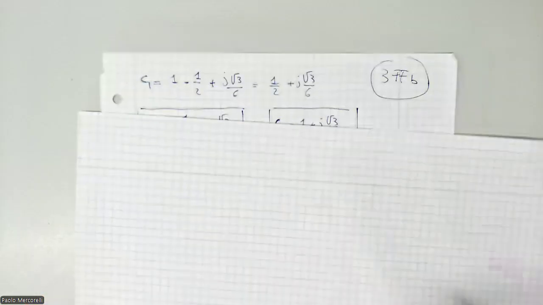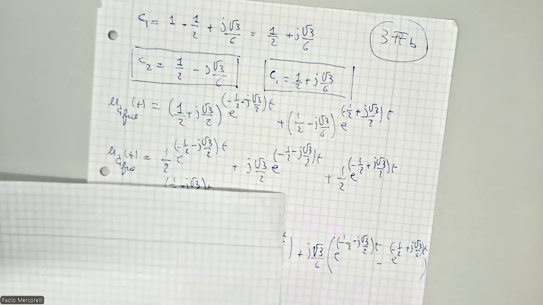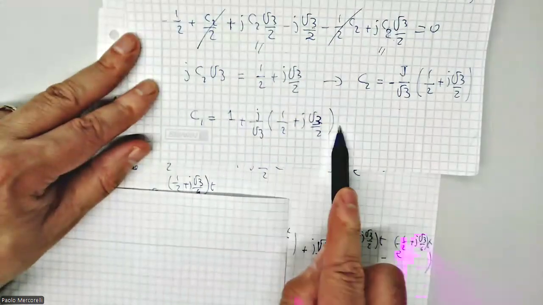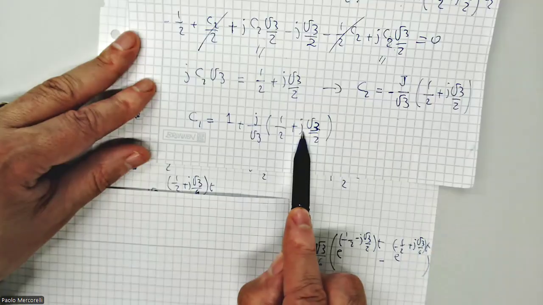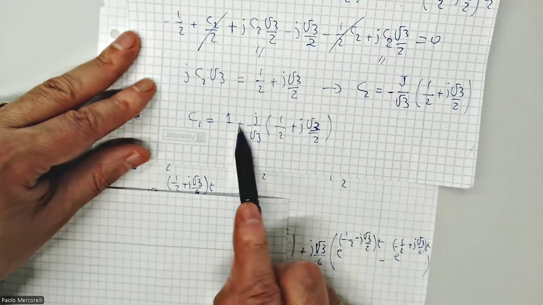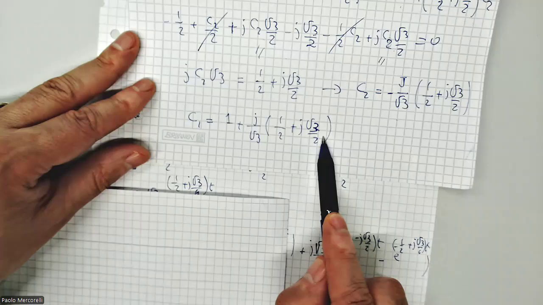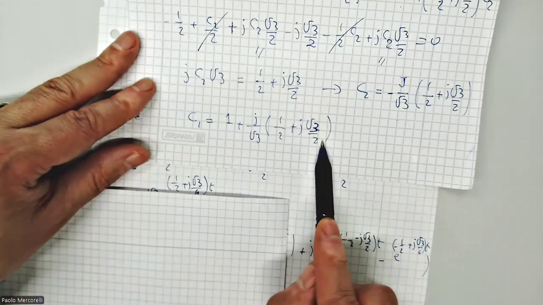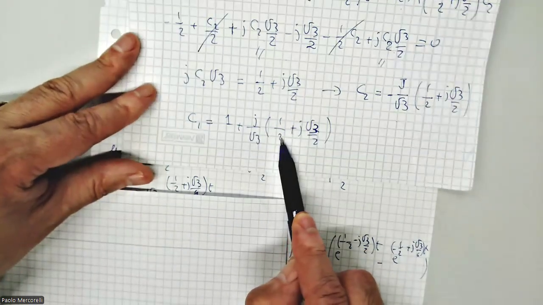Do you remember what it was? 1 plus this. This means 1 minus 1 divided by 2. I don't know if it's visible. 1, if you multiply this, is minus 1. Root of 3 I can cancel. This means 1 minus 1 divided by 2 plus this j divided by 2 times root of 3.